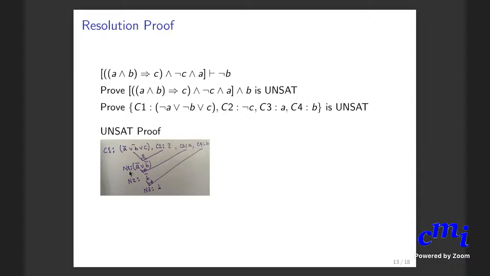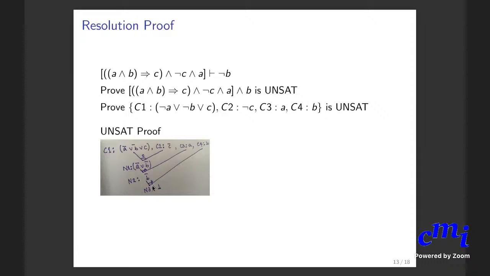Then I can now resolve N1 and C3 on A to get B bar, after which N2 and C4 will result in a contradiction, proving that this set of clauses, or the conjunction of these clauses, is unsatisfiable, and therefore the original formula is valid, that is, not B follows as a logical conclusion of this.